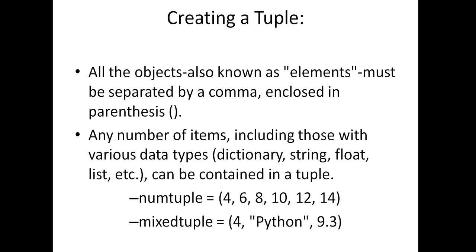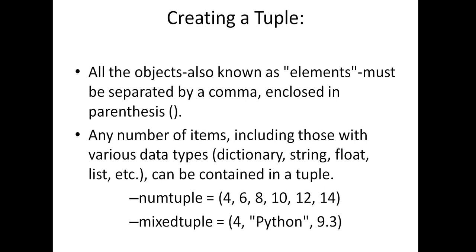Any number of items, including those of various data types, can be contained in a tuple. So a tuple does not necessarily have elements of a single data type. It is not necessary at all that only single, traditional or primary data type elements be in a tuple. So there can be tuples as given below.